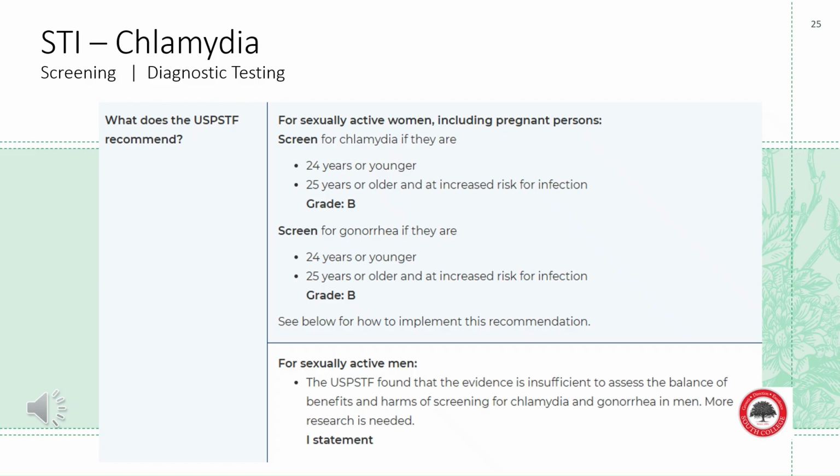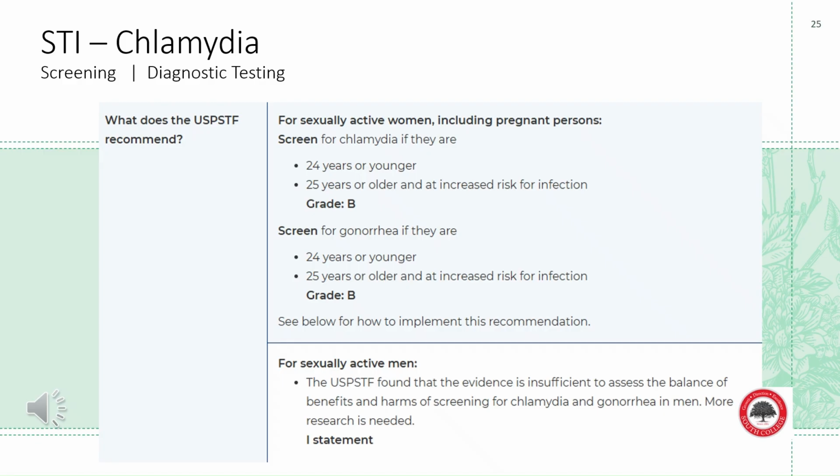Women ages 25 and over who have multiple sex partners or who have sex with someone with an STI should also get screened. Routine screening is not recommended for men who have sex with women when the women are at low risk for STIs. Sexually active men who have sex with men should be screened annually, or more frequently if they have more exposures from multiple partners.